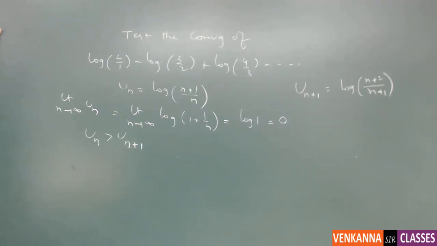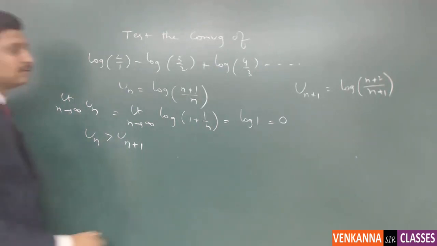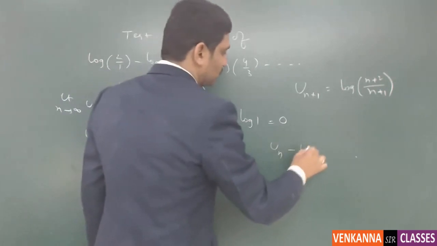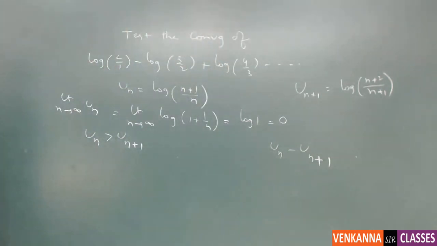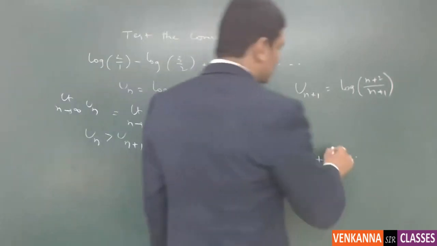Just imagine the case of the monotone convergence theorem. If you want to prove that a sequence is monotonically increasing or decreasing, what do we do? So one procedure is you take the difference un minus un plus 1. If you consider that, it must be greater than 0.